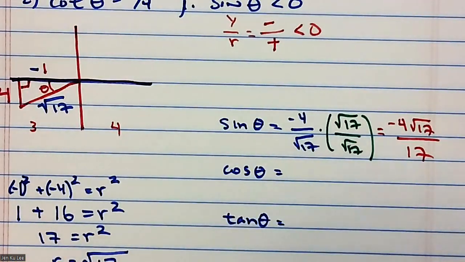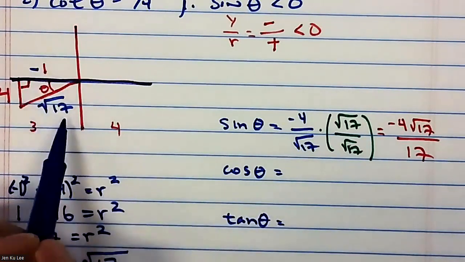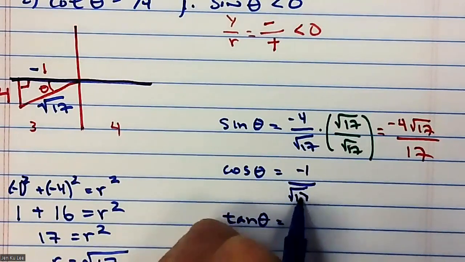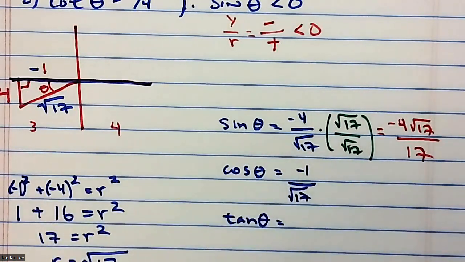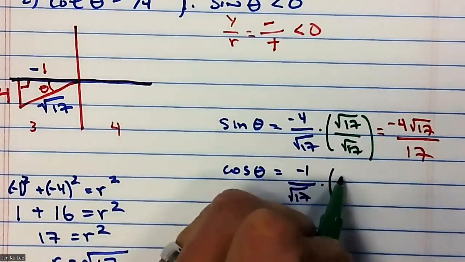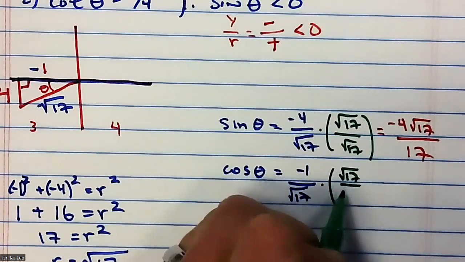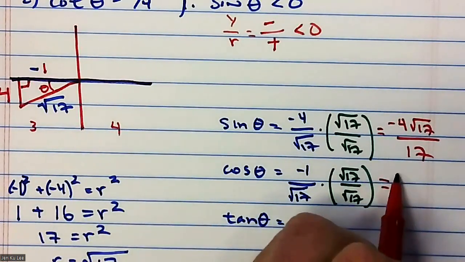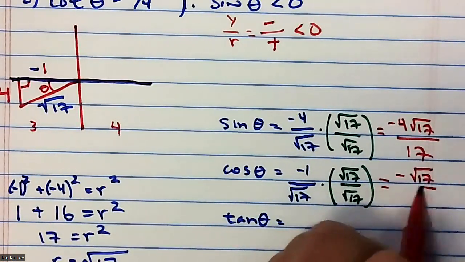Cosine of theta is x over r, which is negative 1 over square root of 17. Same reasoning, I cannot have a square root in my denominator, making this negative square root of 17 over 17.